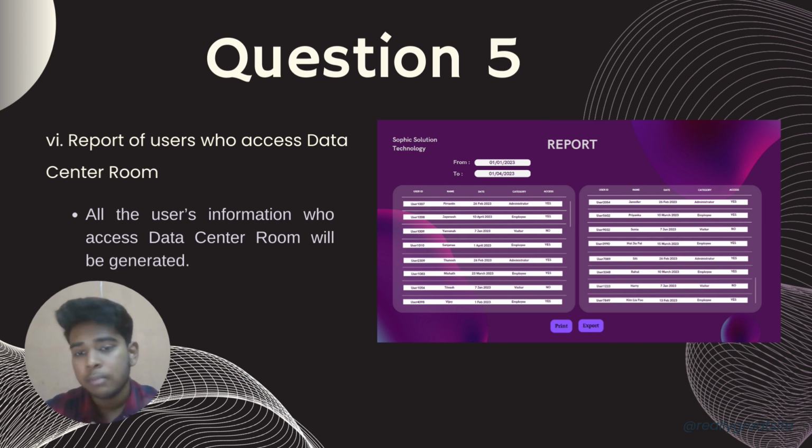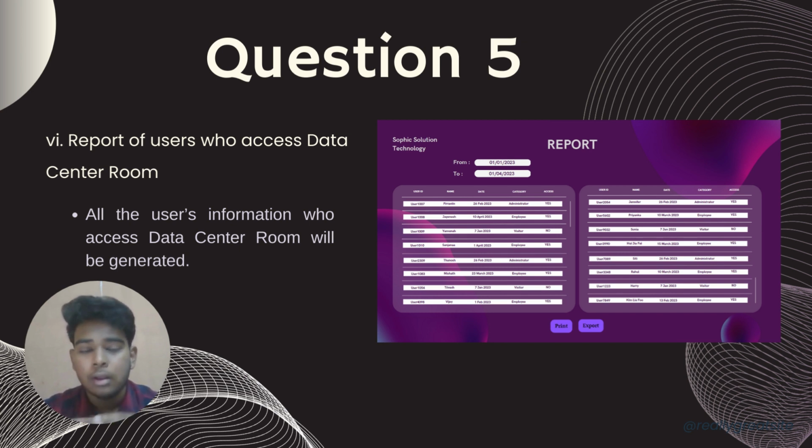There'll be two columns of report to maximize the space, which the data center room report will generate. There'll be two buttons below. One of the buttons is for printing. We can print the report on that period of time onto physical paper by pressing the print button, or if you want to save it into a soft copy, we can press the export button.